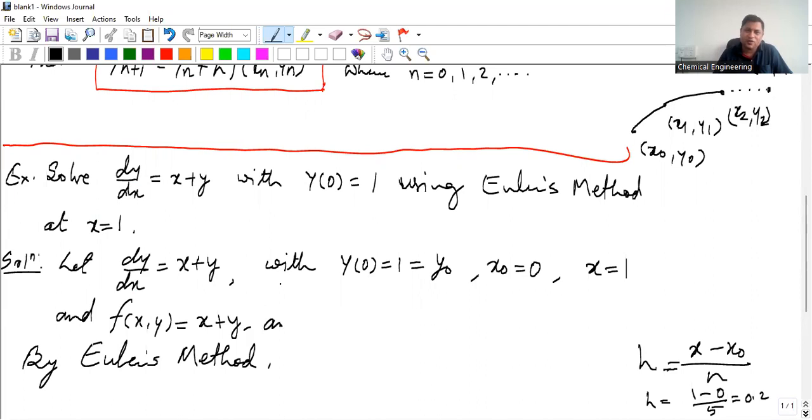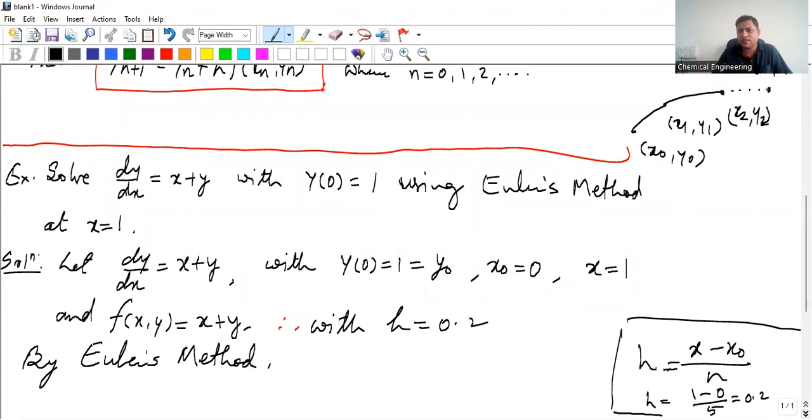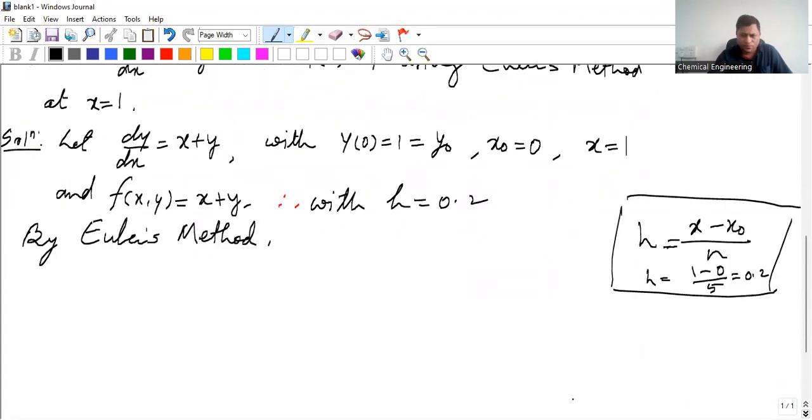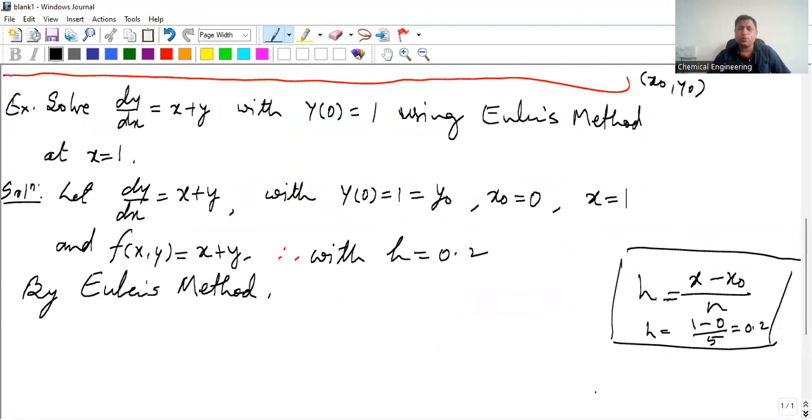Hence we have h is equal to 0.2, because we go for the 5 steps. And this is how the step size is calculated. We can go with any number of steps, like 10 steps, any number of steps.